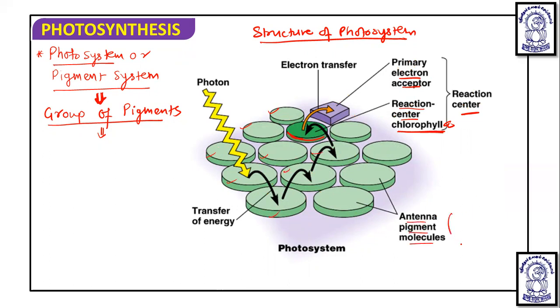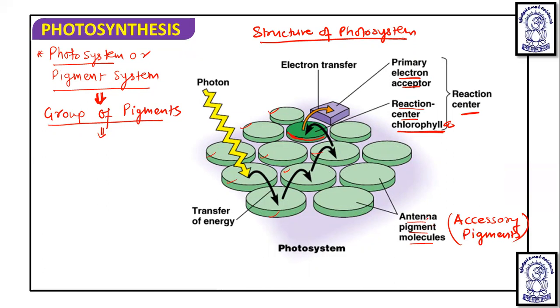So antenna pigment molecules are nothing but accessory pigments, and accessory pigments are the antenna pigment molecules.